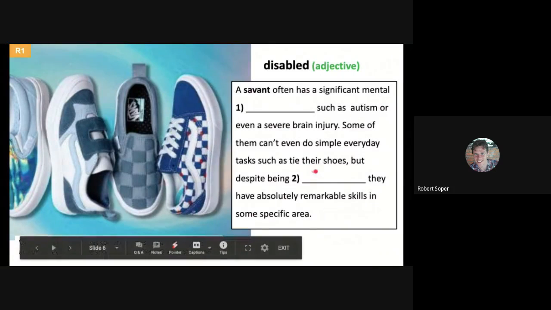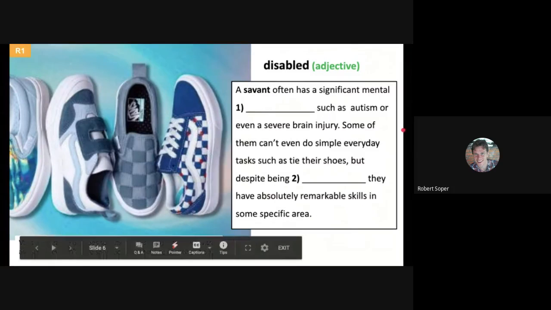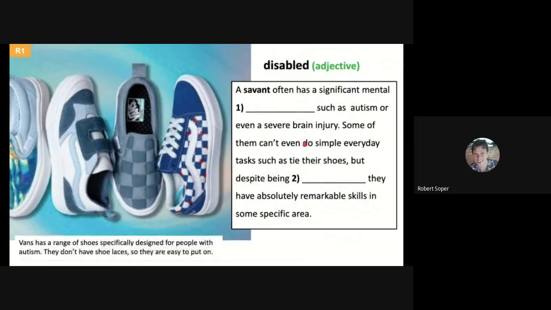The something here is disabled. Despite being disabled, they have absolutely remarkable skills in some specific area. The correct answer was the adjective disabled.